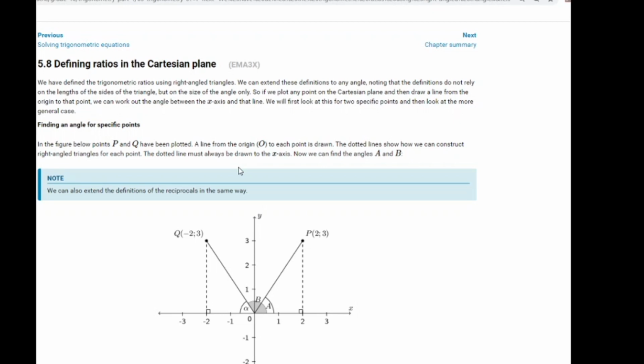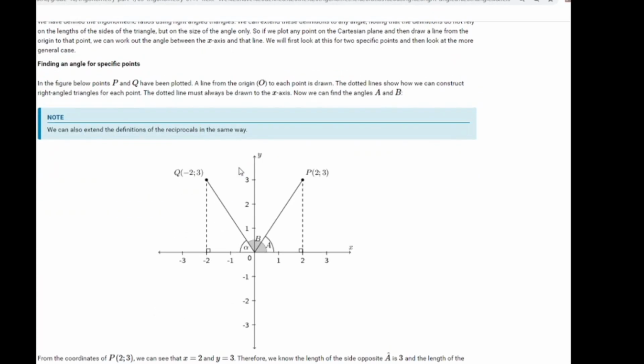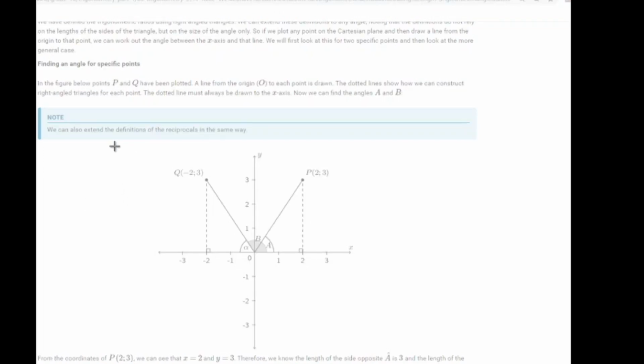Okay, so now if you have a Cartesian plane like we have in this case, and you draw any point and then connect that point to the origin, you will have this line, right? Let us look at point P. Let me copy this to our writing board.